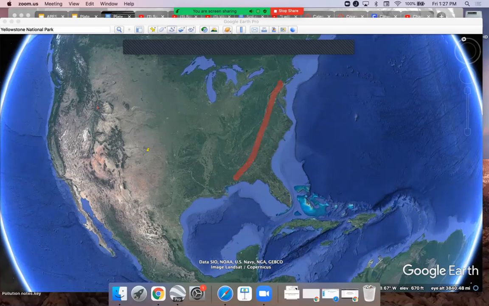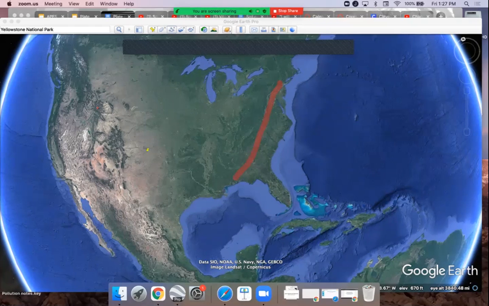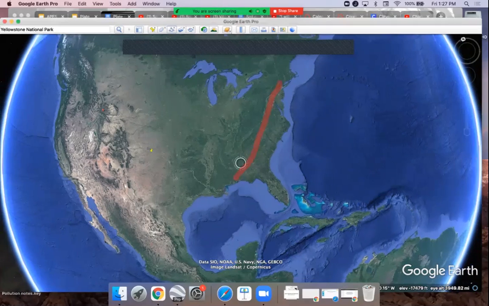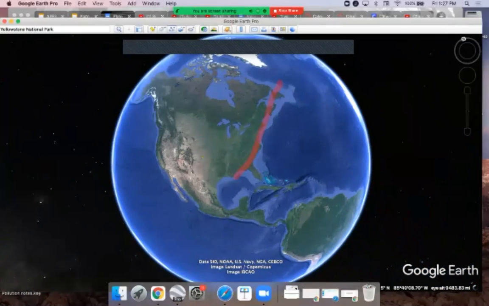So where is the continent that was colliding with the east coast of North America to form the Appalachian Mountains? Where's that continent located? Think for a moment and just kind of look around a little bit. Do you see it?